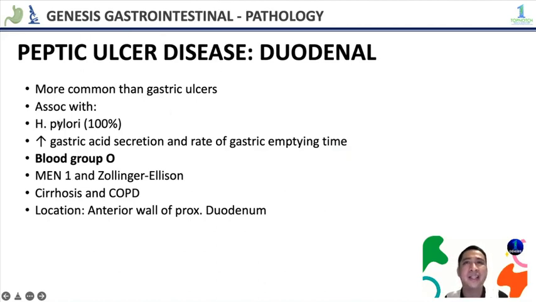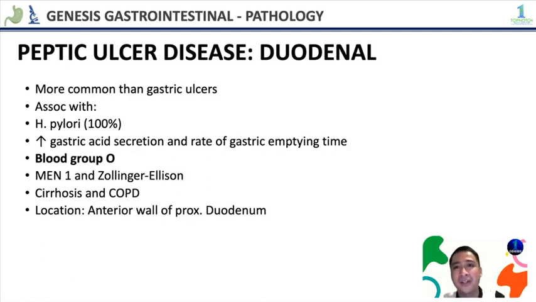It is associated with H. pylori almost 100% of the time. There's increased gastric secretion and the rate of gastric emptying is also increased. Very nice to know that blood group O is associated with peptic ulcer disease.